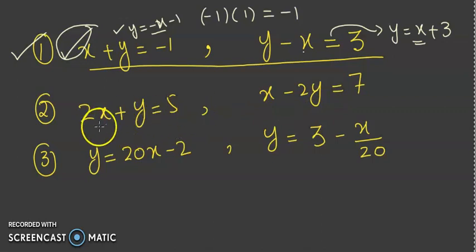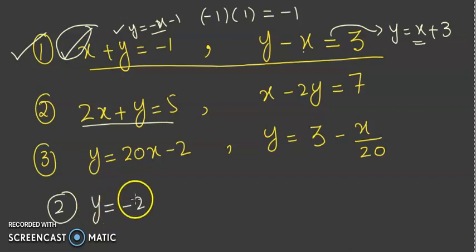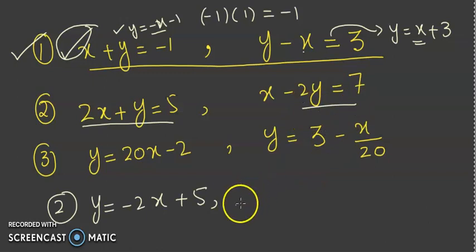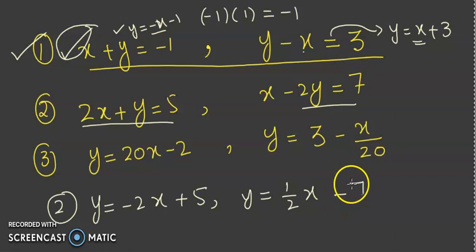What about these two lines? What is the slope of this line? Let's consider example 2. In example 2 we can write it this way, and this equation can be written as y equal to 1 over 2 into x minus 7 over 2.